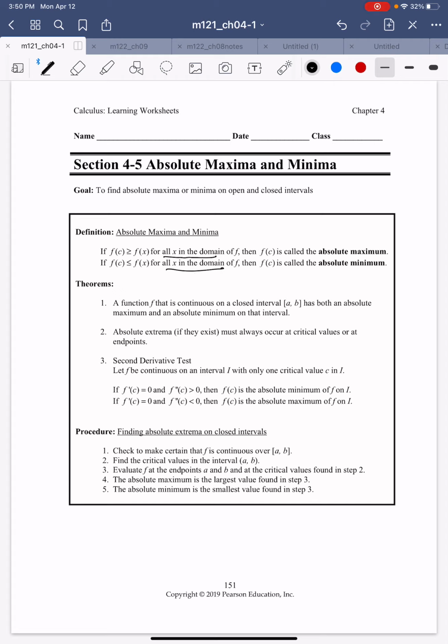Okay, so for example, let's say you have a curve something like this. Relative minimum is the smallest point. So let's say you have a function that looks kind of like this. Then the minimum in a closed interval or open and closed interval is the smallest point.